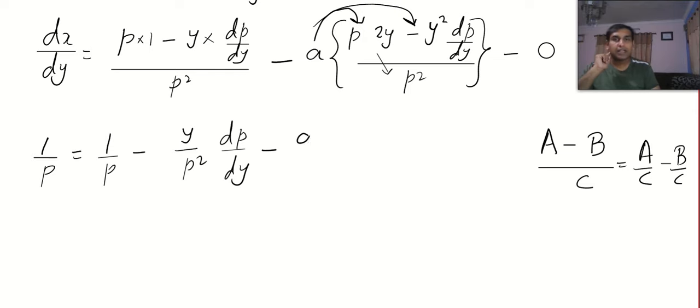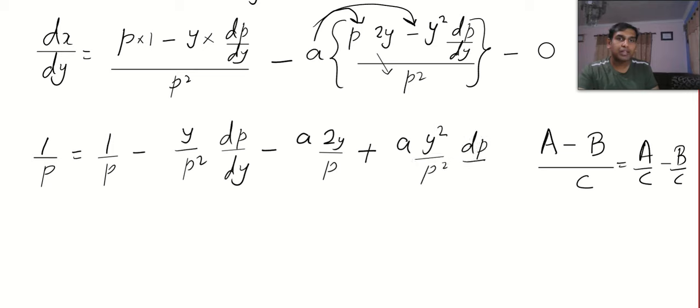So minus a, that p will get cancelled. So you'll get 2y by p minus minus will be plus a y square by p square into dp by dy is equal to, oh no, that's it.